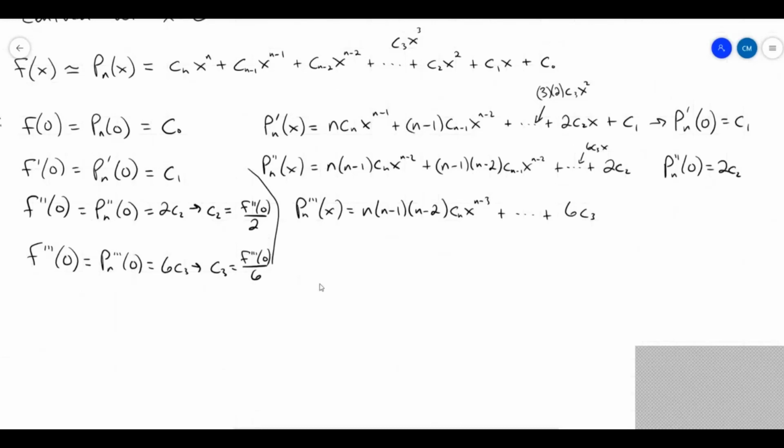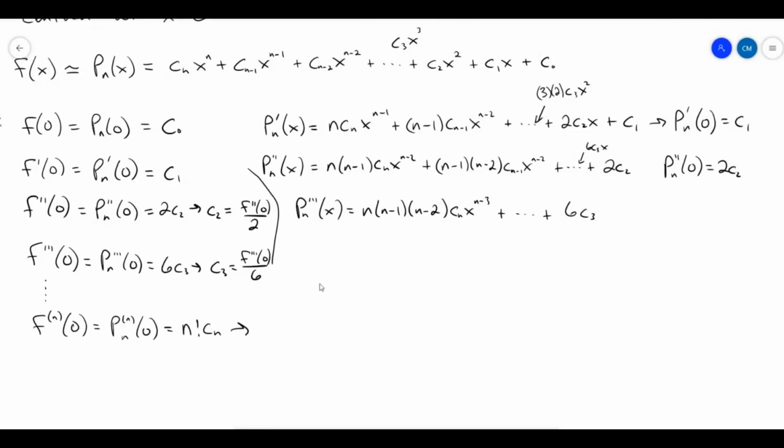All right, then if you can kind of follow the pattern here, we would like to see the nth derivative. If you just follow what I was doing there on the right, what's the pattern? Notice that I'm on the third derivative here, and I got this 3 factorial right there, right? And if you continue that, you would have seen a 4 factorial in the next one, and so on. And so we would have seen the nth derivative at 0 would be equal to n factorial times c sub n.